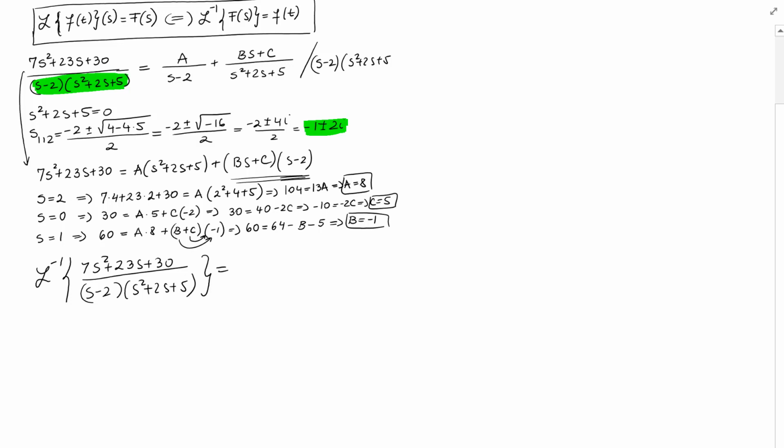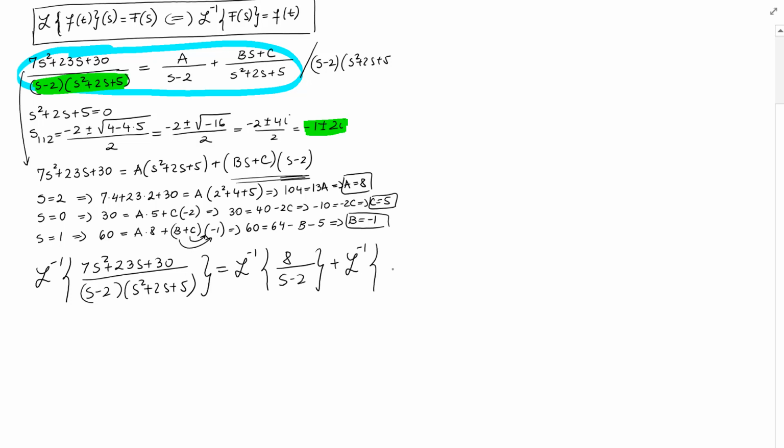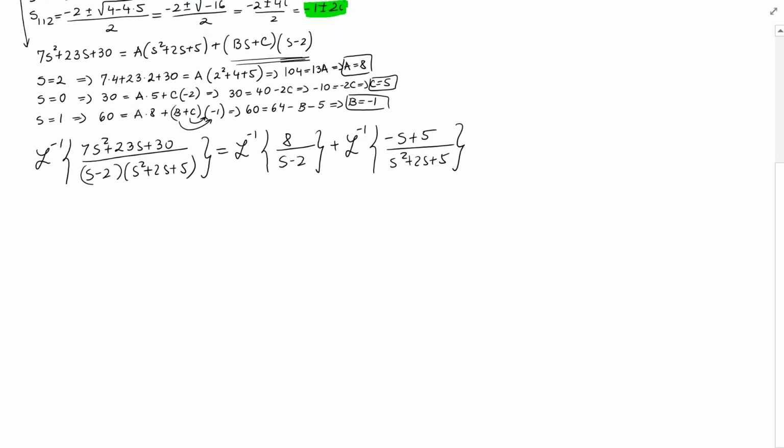So we are going to rewrite this whole part as the inverse Laplace transform of 8 over s minus 2, plus the inverse Laplace transform of minus s plus 5 over s squared plus 2s plus 5. Basically, linearity means the inverse Laplace transform of a sum is the sum of the inverse Laplace transforms.